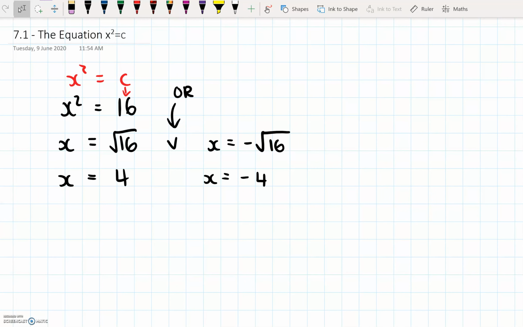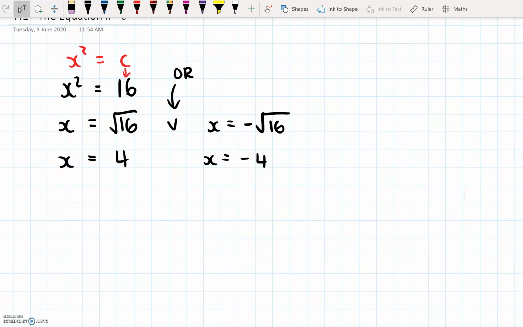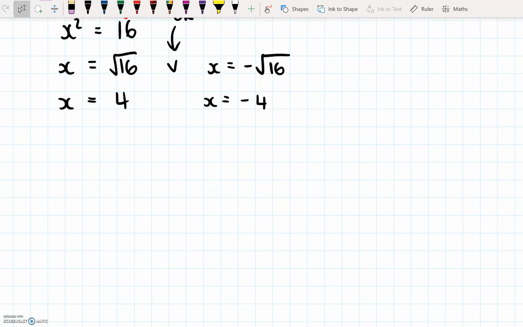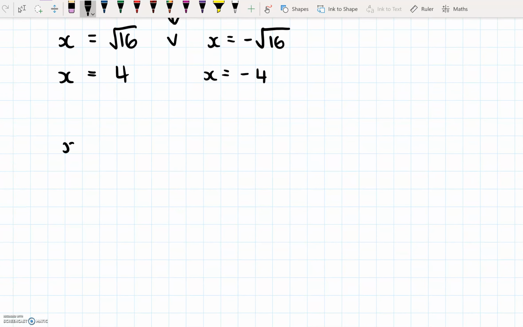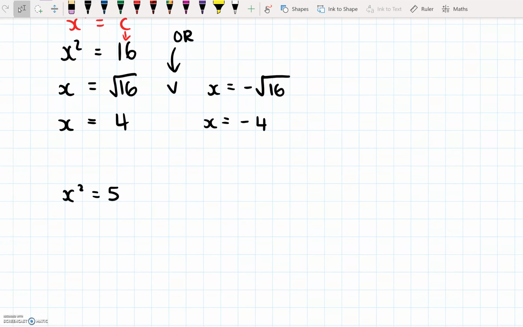Now this isn't always the case. This was fine for x squared is 16, or for example, if we have x squared equals 5, then we get x equals the square root of 5, or x equals the negative square root of 5.